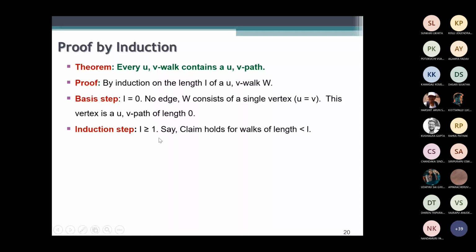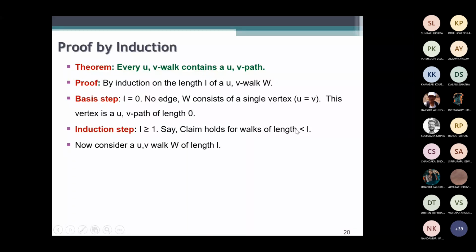Say the claim holds for all UV walks of length less than L. Our induction hypothesis says that if the length of the walk is less than L, this claim is valid. Now we have to prove it for length equal to L.